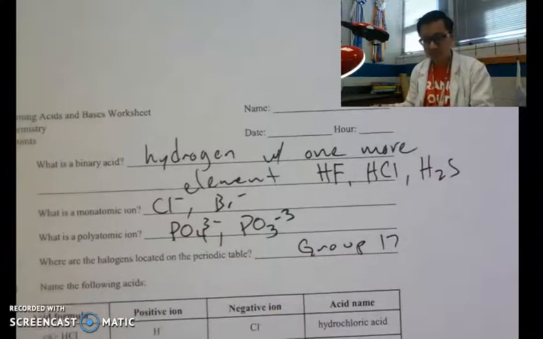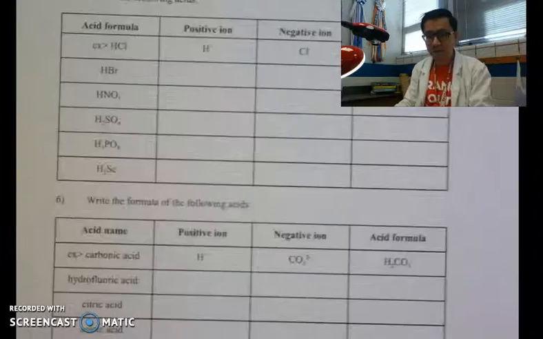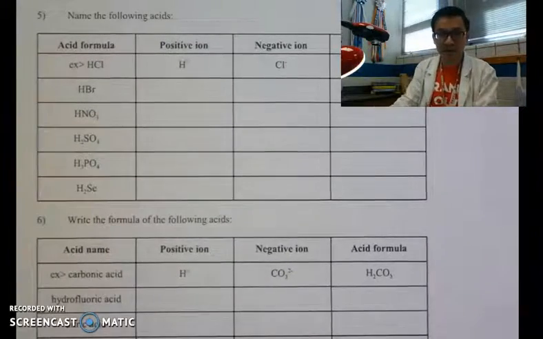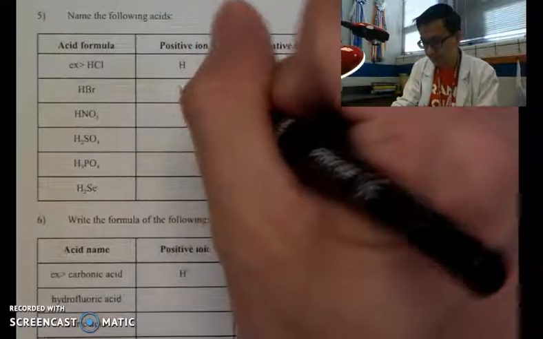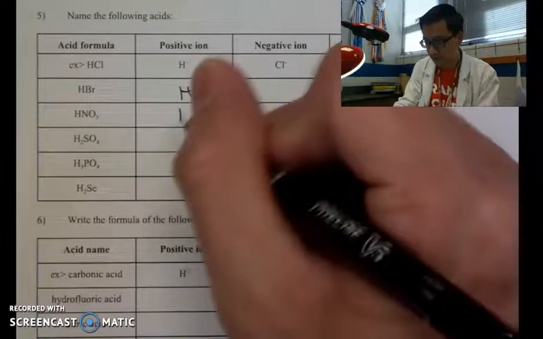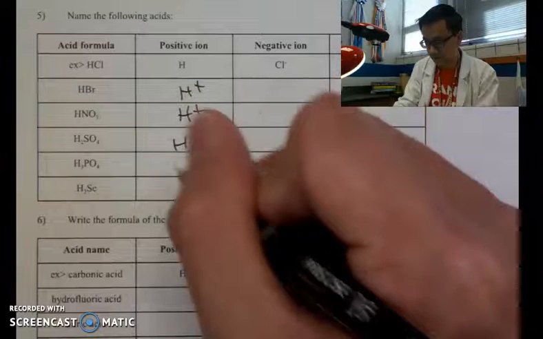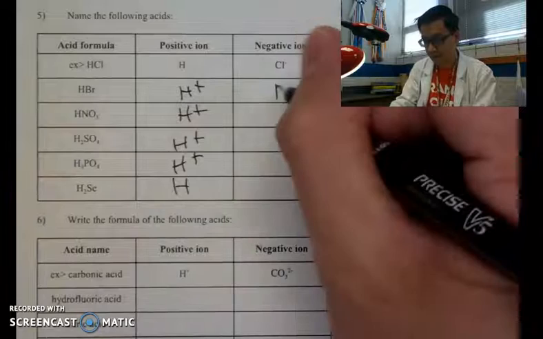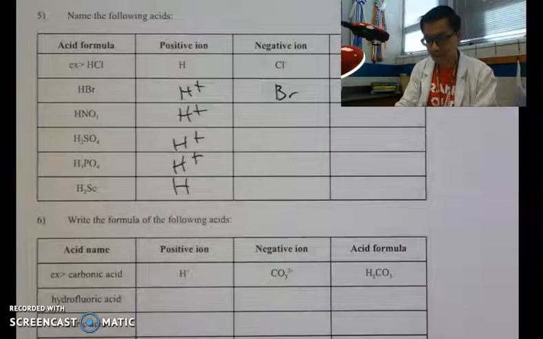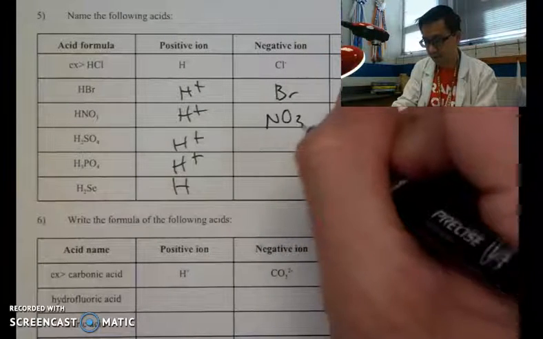Okay, so this one is just a review of what we just did on the first worksheet. The positive ion in this is H plus. Really they're all H plus because these are all acids. The negative ion is the Br. The negative ion on this one is NO3 minus.